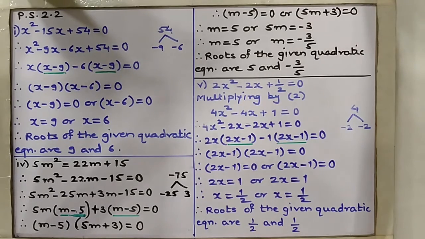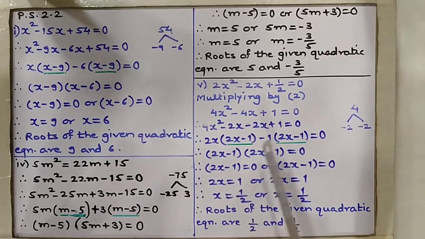Now when will the product be 0? It will be 0 when either the value of this bracket is 0 or the value of this bracket is 0. Which means either 2x minus 1 equal to 0 or 2x minus 1 equal to 0.